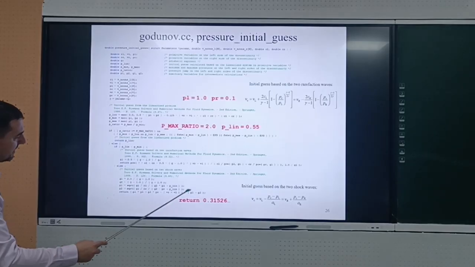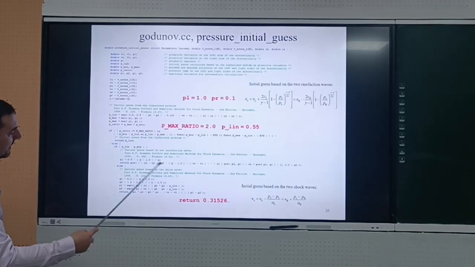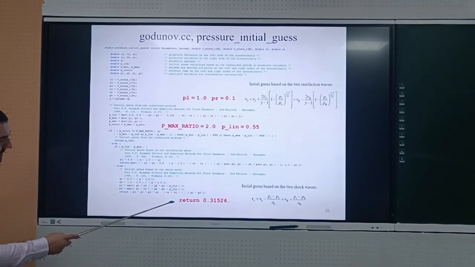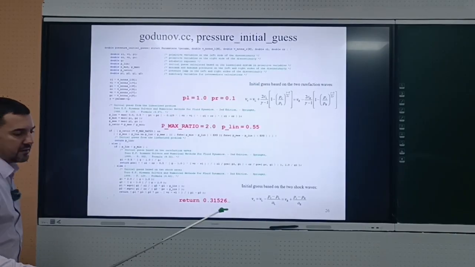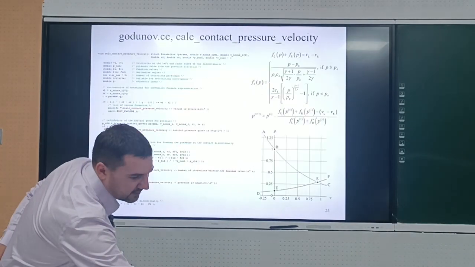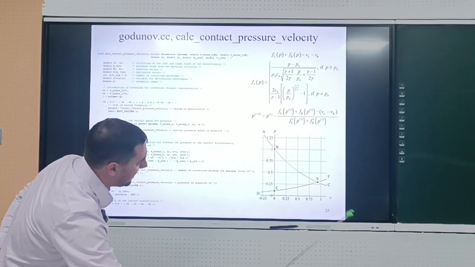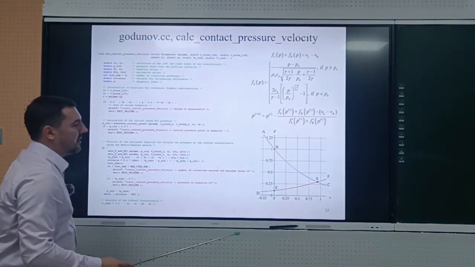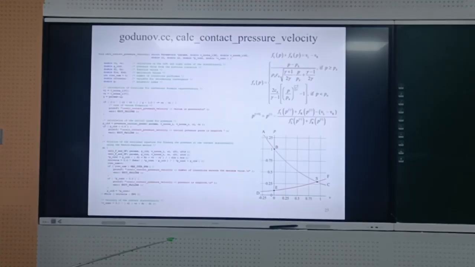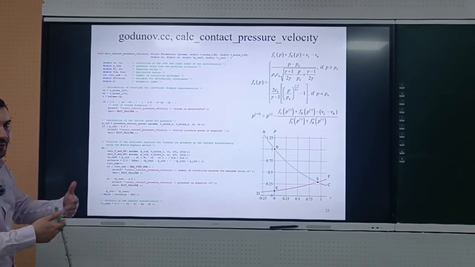That is why this part of the code, the initial guess based on two shock waves, works, and this function will return 0.31526. And you can remember that the real pressure is about 0.3. So actually this solution is already very close to the real one.